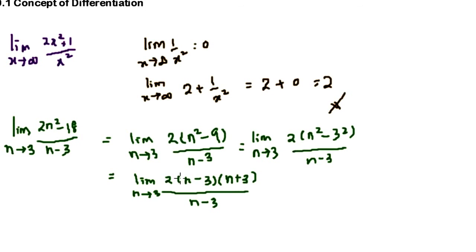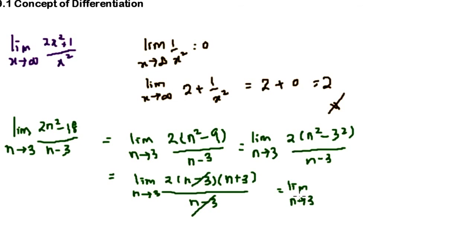When you see from here, you know that n minus 3 and n minus 3, when you divide, you will get 1. So you will get the limit as n approaches 3 of 2 times n plus 3. So this type of question is quite simple.